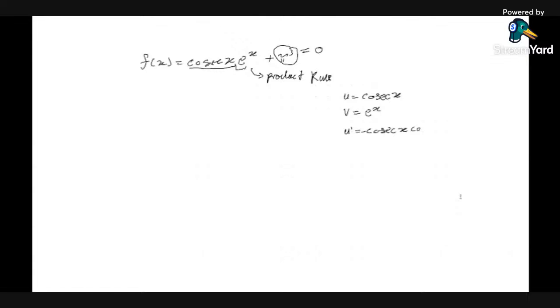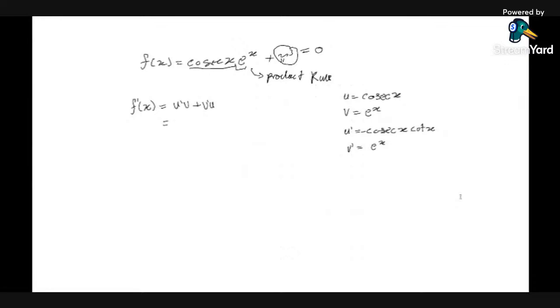And then our v prime is just e^x. Okay, so our derivative f prime will be given by u prime v plus v prime u. So now we're just going to put in those values.